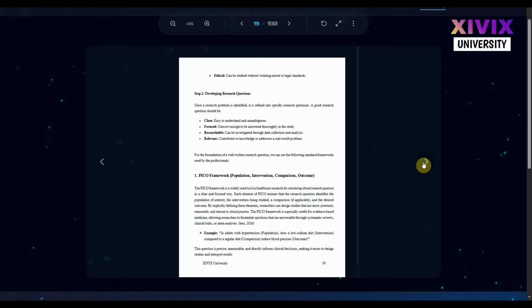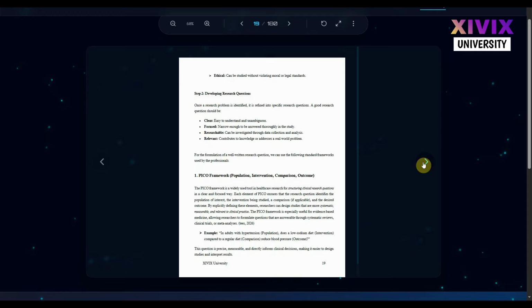Here we have an example: adults with hypertension is the population part, and a low sodium diet is the intervention, compared to a regular diet, the comparison part, to reduce blood pressure, the outcome.